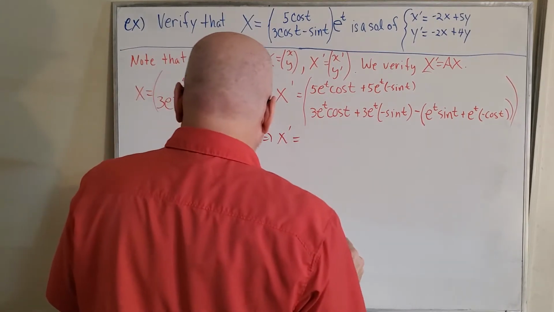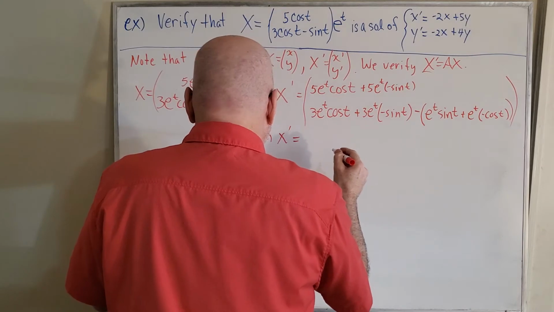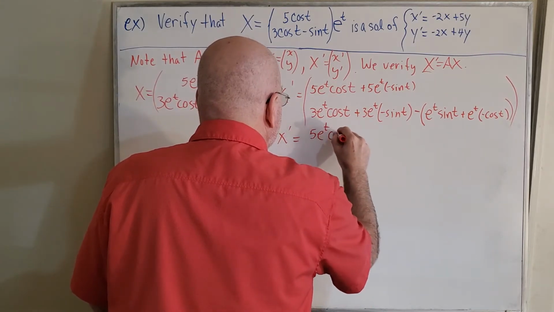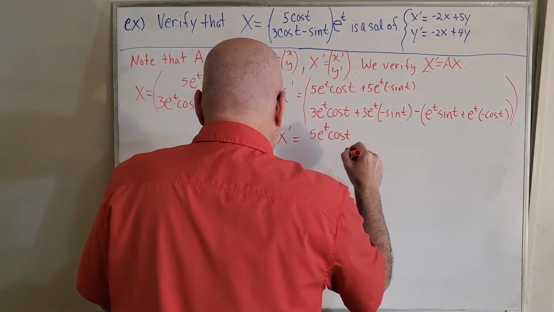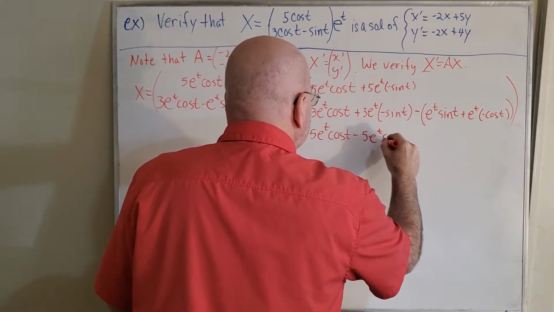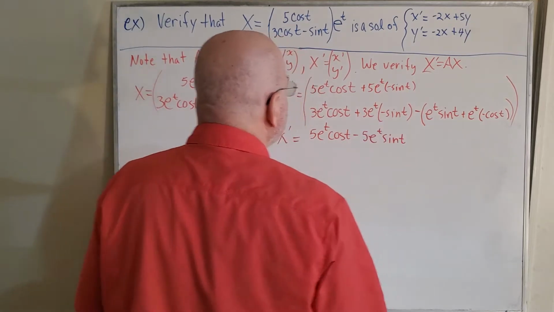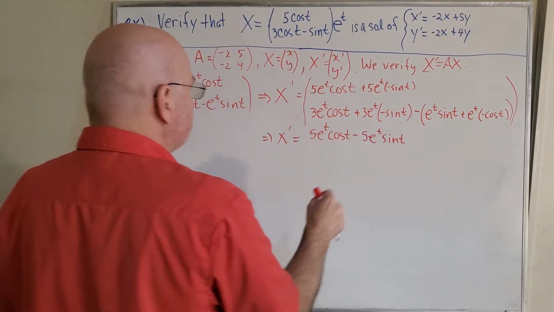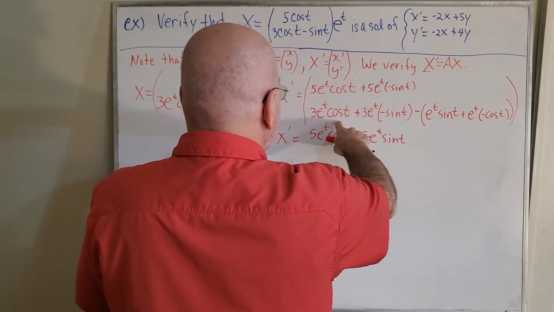Okay, so if we combine all the like terms, we get that x prime is equal to 5e to the t cos t minus 5e to the t sin t for the top. That's exactly what we have here. Now, combining the terms here, I hope I didn't get any signs wrong.